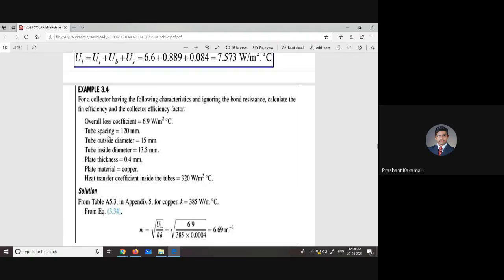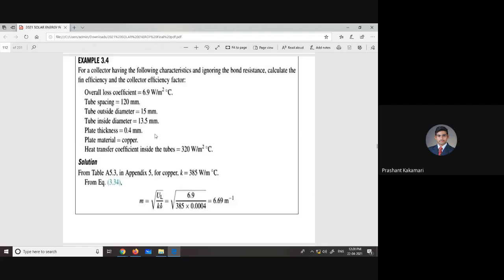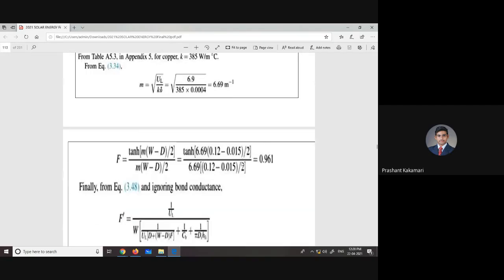Using all those values, one can find this W value, that is 0.12 minus the outer diameter of the tubes, which is 15 mm, divided by 2. The same ratio is taken with tanh. This gives us the efficiency of the fin, coming around 96.1%. So this fin is working very efficiently.